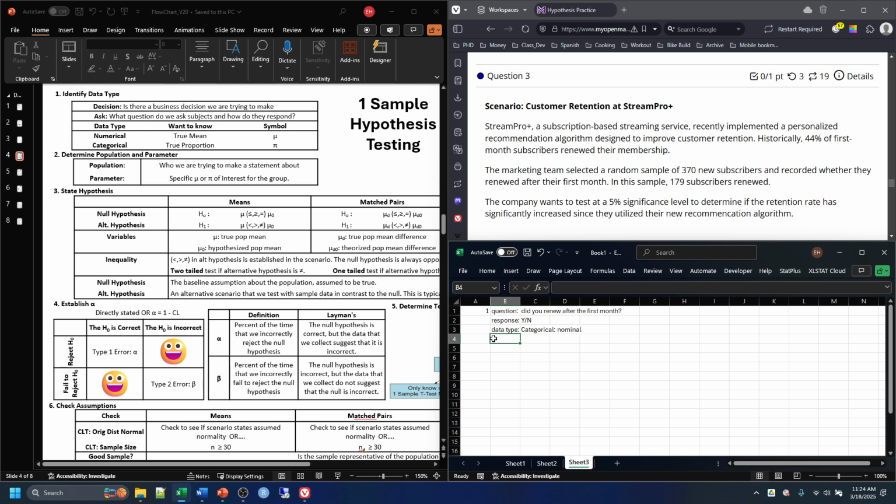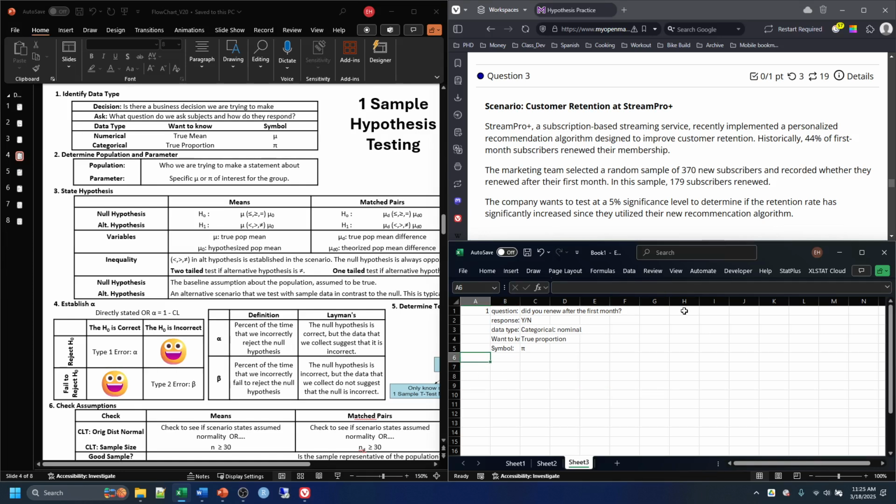It has no order to it. So the data type is nominal, which means that we want to know a true proportion, and the symbol of interest is going to be pi. And that all comes from our step one.